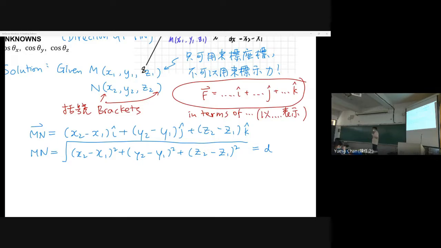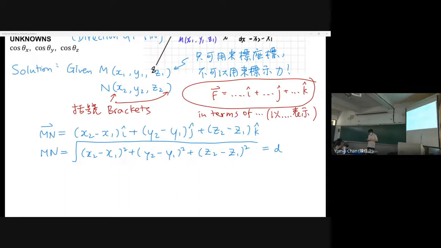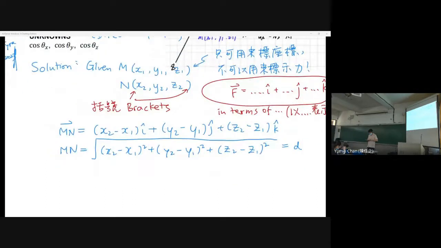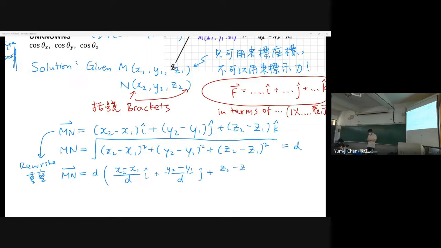So from here we write MN. MN is equal to d times, x2 minus x1 over d i plus y2 minus y1 over d j plus z2 minus z1 over d k, right?